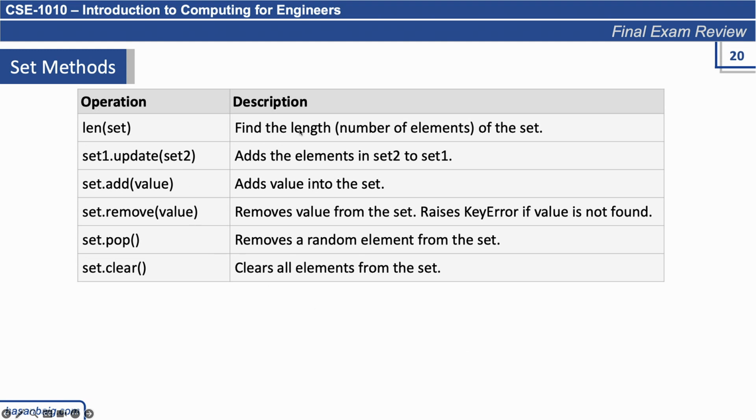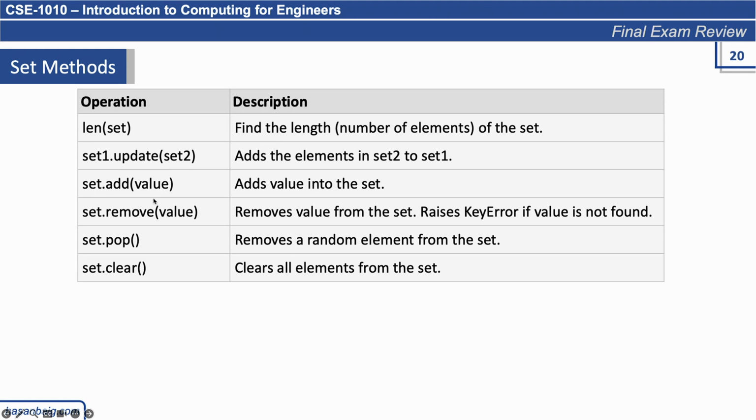We can add or remove elements in a set. These are some of the methods that we can execute on the set data structure. We can calculate the size of the set. We can also update a set named set 1 with the new set elements, set 2. It will add the elements in set 2 into set 1. Here, for example, set 1 contains some elements which are also present in set 2, so it will only place those elements which are unique, which are not already present in set 1, because a set contains only unique elements.